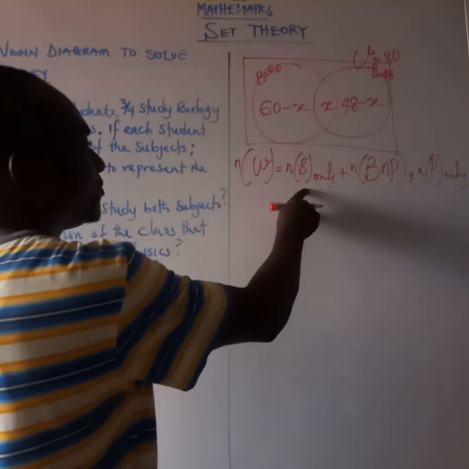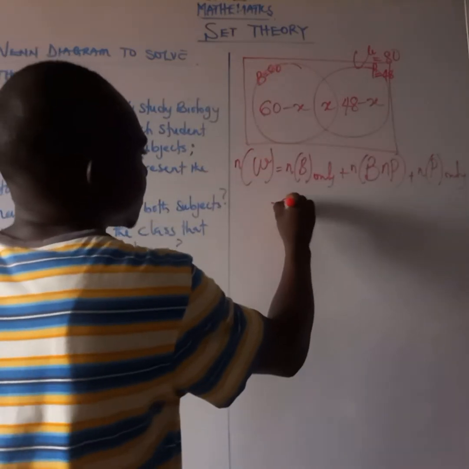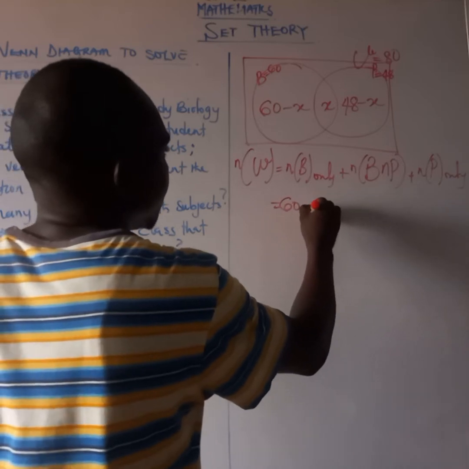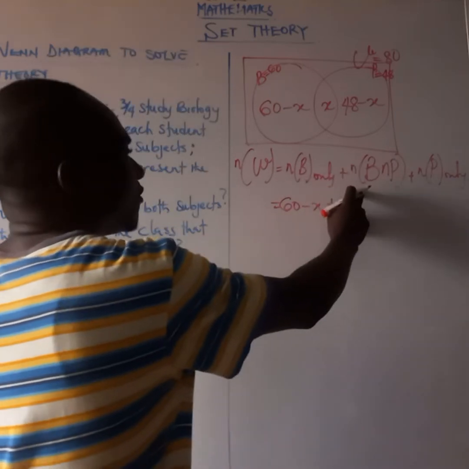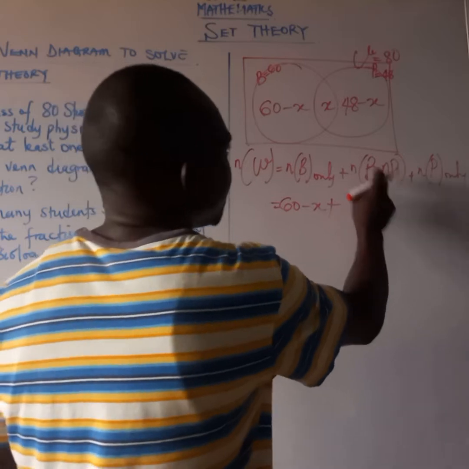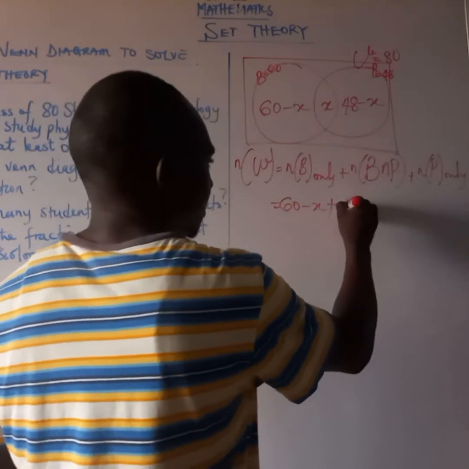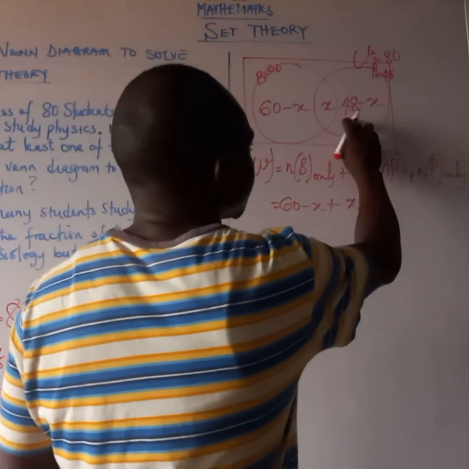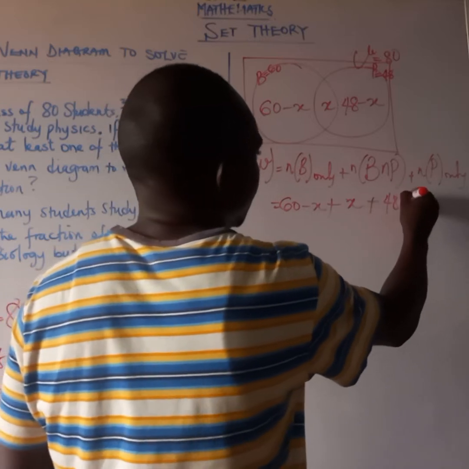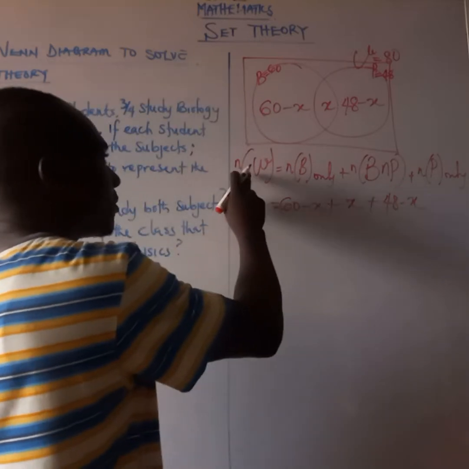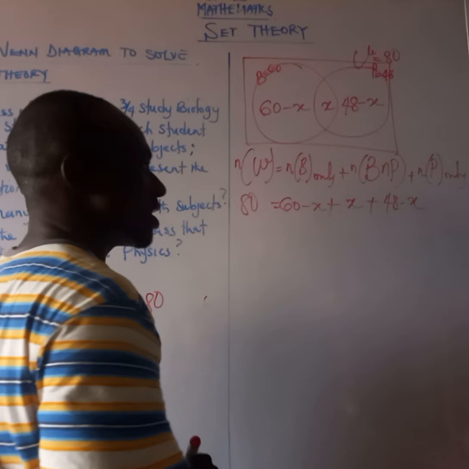That is 60 minus X plus X, which is the number of biology and physics, then plus 48 minus X, the number of physics only. The universal is 80 from the question.